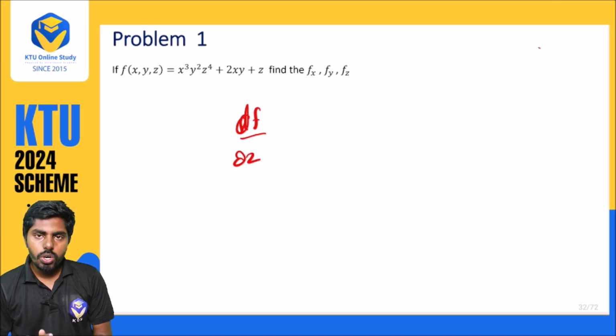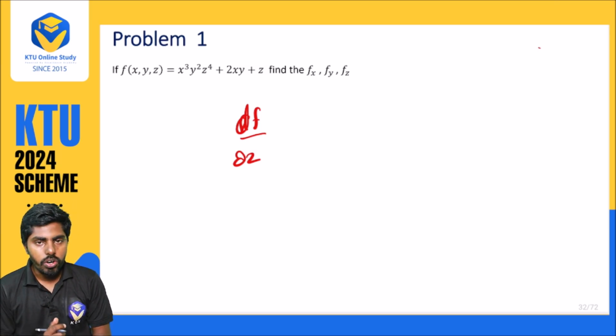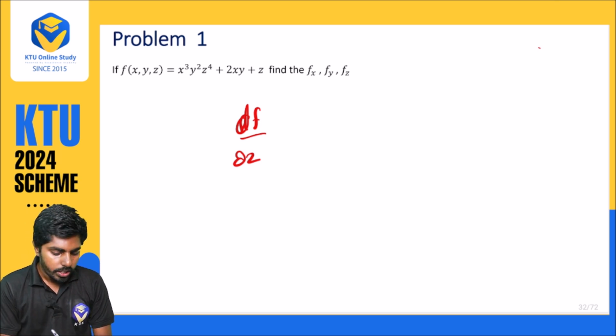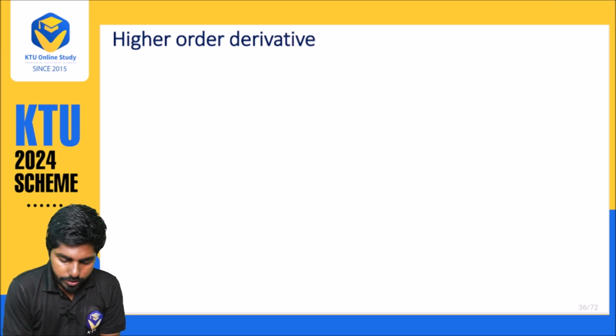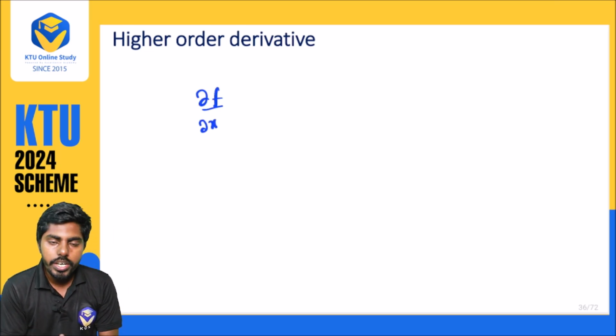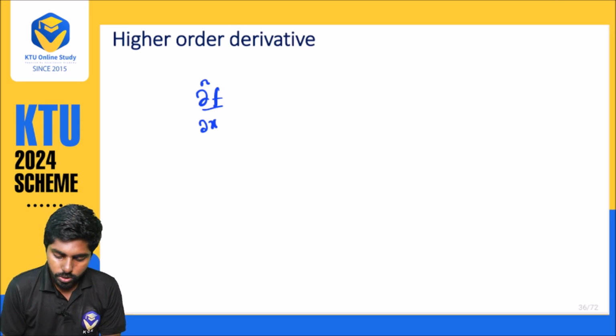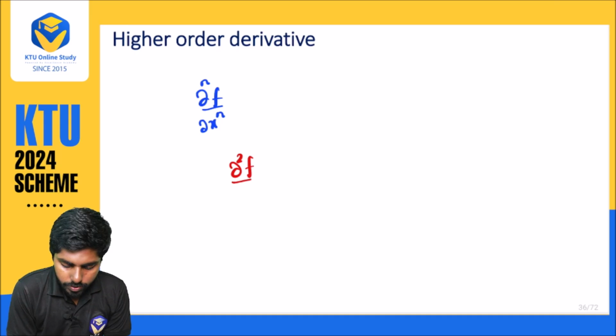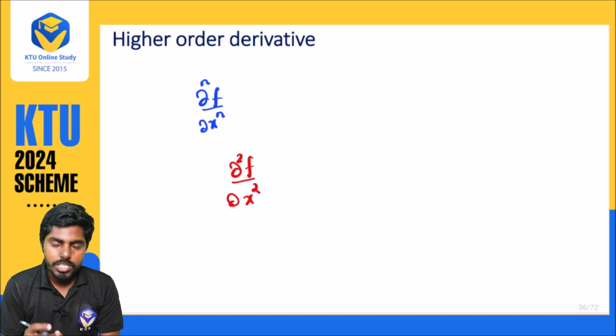The next topic is higher order derivatives. That means the order will be increasing. We have learned about ∂f/∂x. Higher order derivative means the power will be n. So here also n. We get ∂²f/∂x².